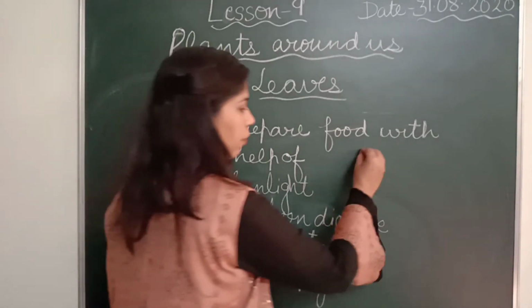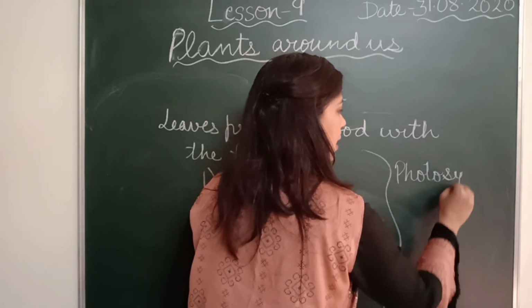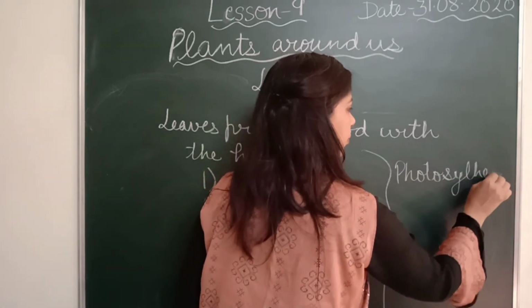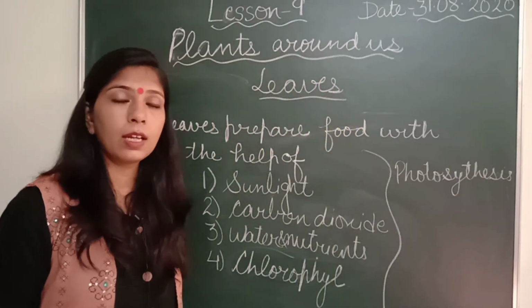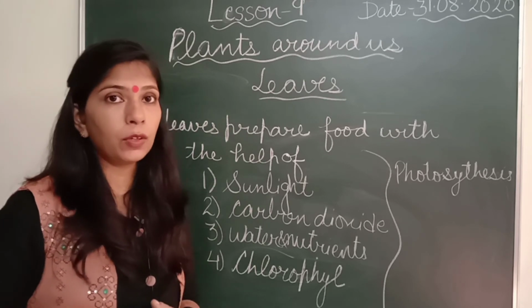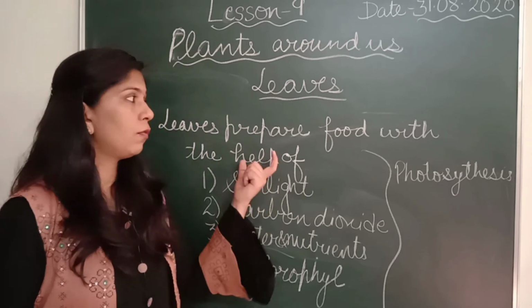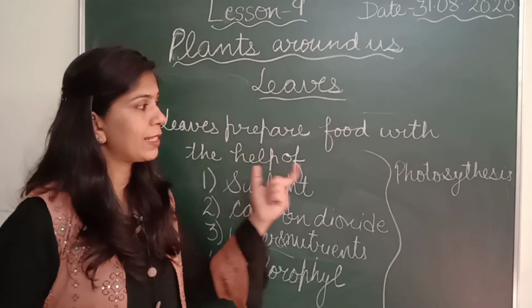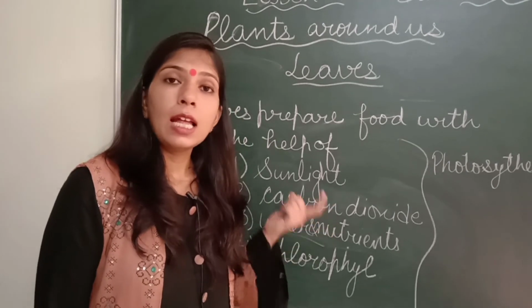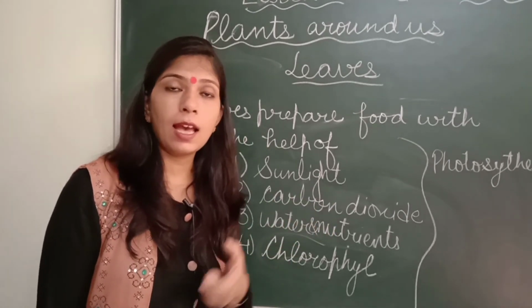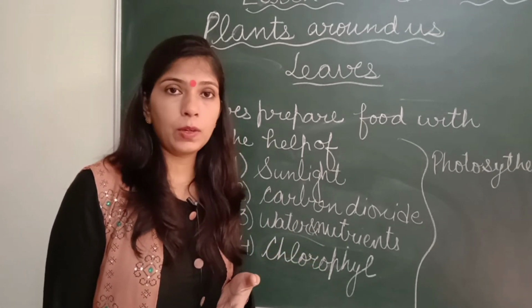Got it? Let's say your mother is preparing food for you. What is that process? Cooking, right? So the preparing of food by the plants or leaves, what do we call it? We call it photosynthesis.